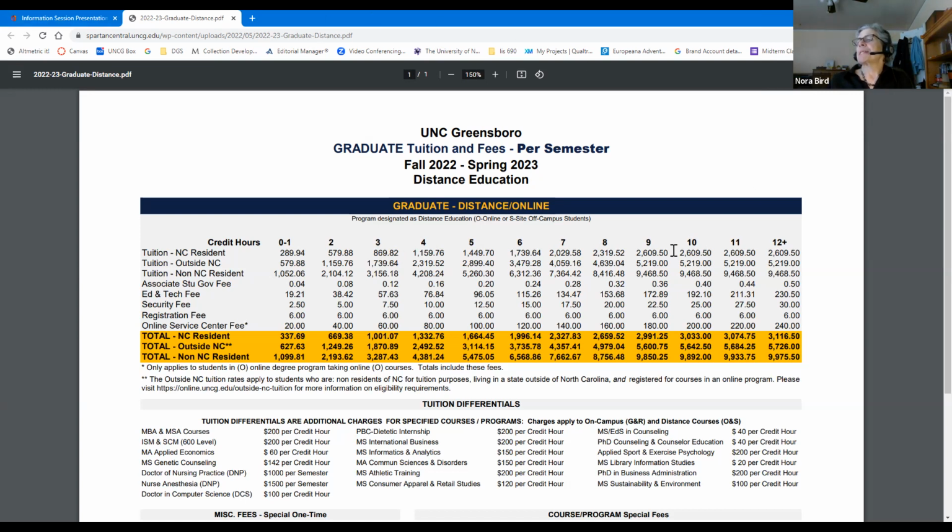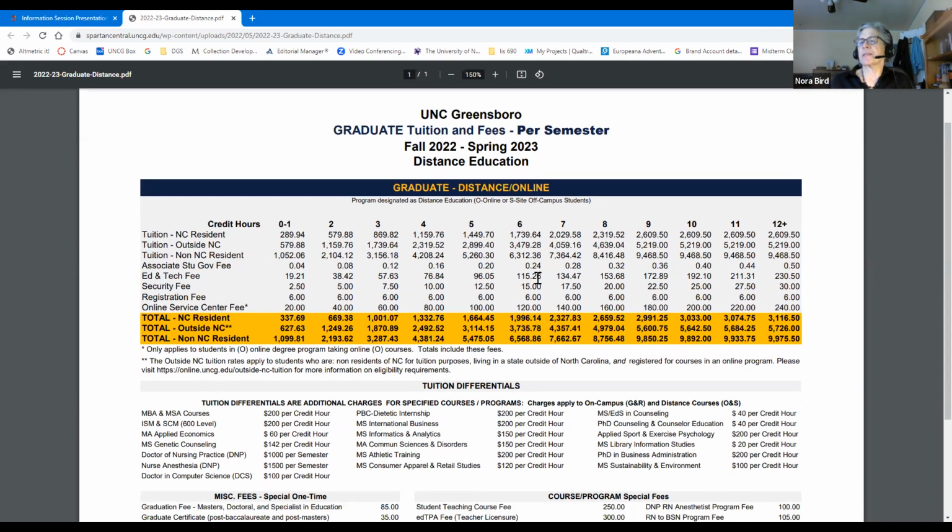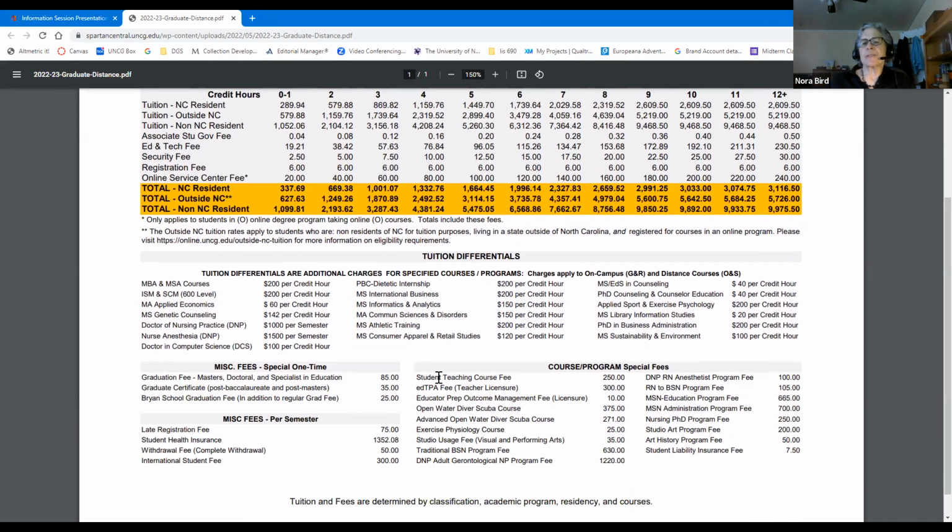And notice that after 9, if you have time and focus enough to be able to take 12 credits, it's the same cost as 9 credits. And there are some fees. The MLIS somewhere in here has a fee. They call it a tuition differential. And there it is, MS Library and Information Studies.